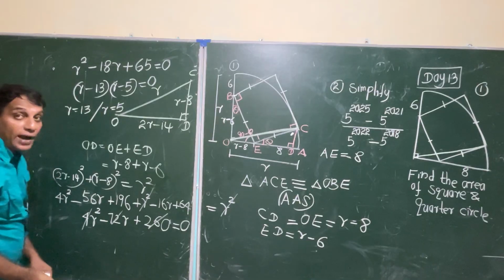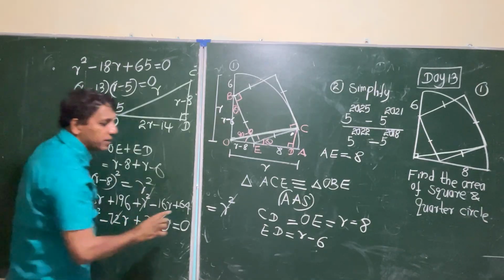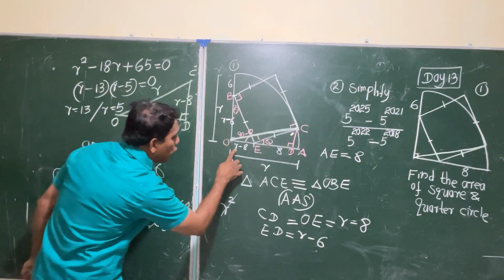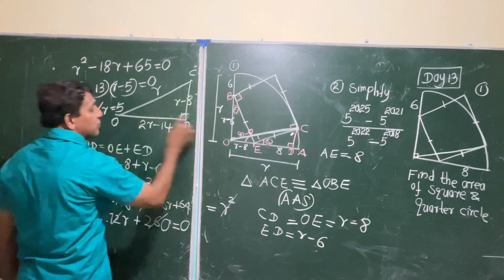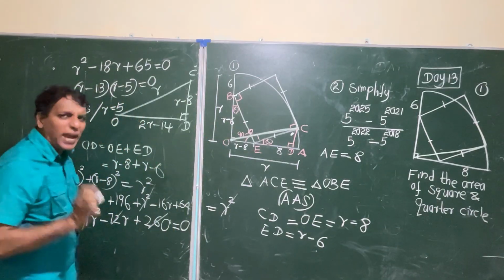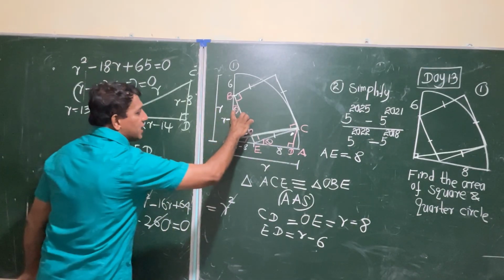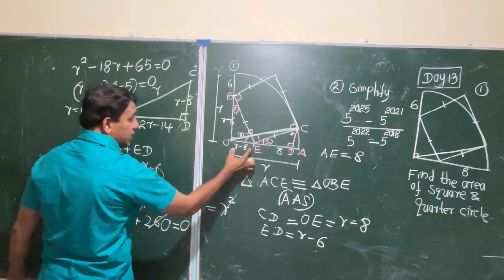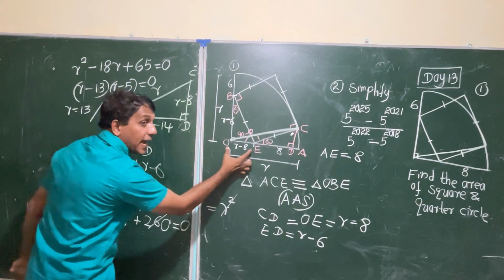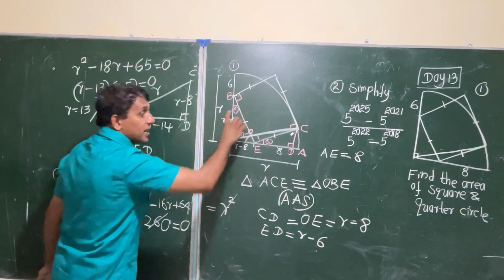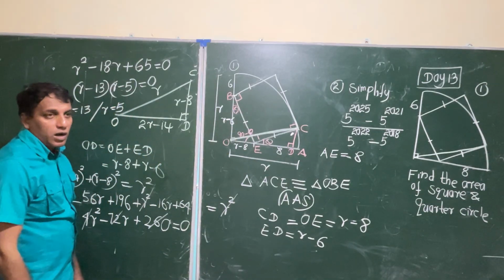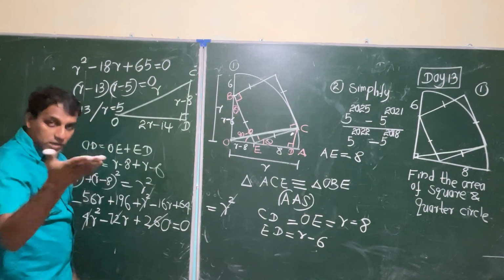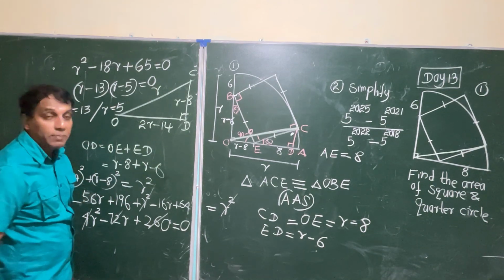If R is 5, then 5 minus 8 gives a negative answer, minus 3. If R is 5, we get a negative length, so we cannot take the answer.